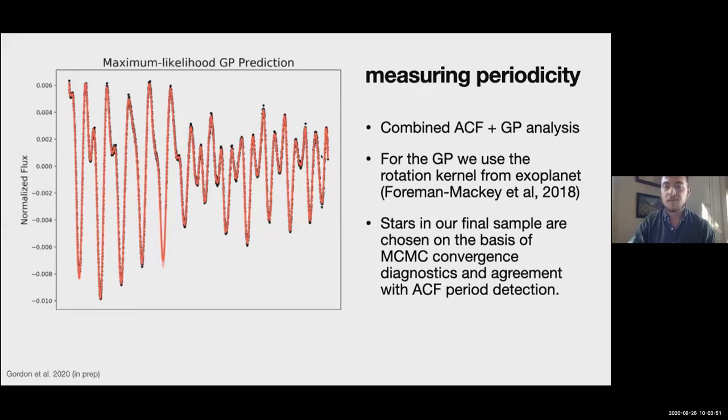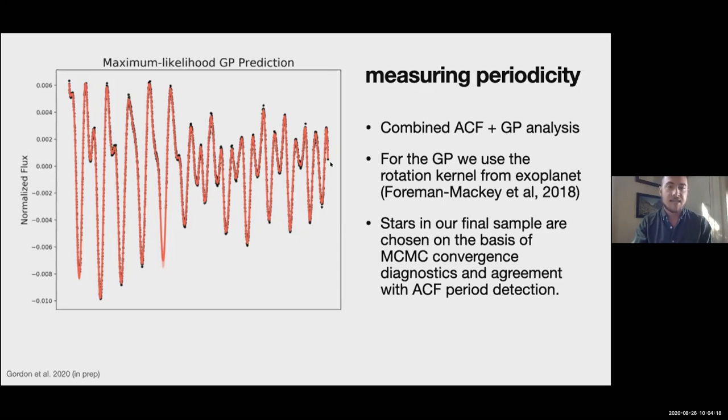So I'm just going to talk briefly about how we actually measured rotation periods for this sample. If you're interested more in that methodology, then feel free to ask me questions afterwards or contact me offline and we can talk about that. But just to summarize, we started off by calculating the autocorrelation function for each star in the K2 sample and estimating its rotation period from the most prominent peak of the ACF.